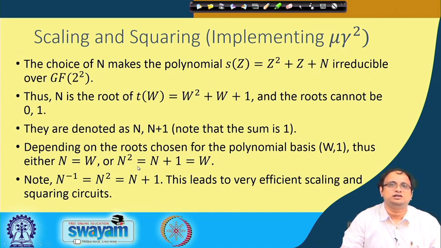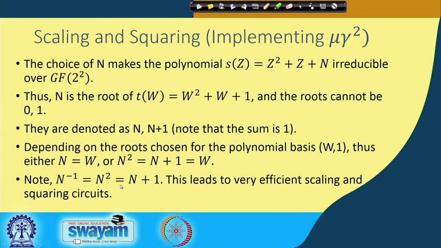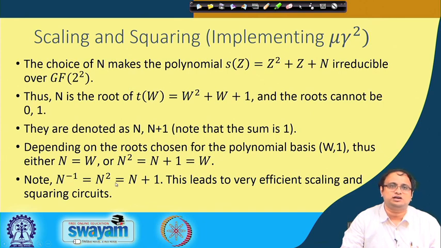Okay. Note that n square will be equal to n plus 1 because n square plus n plus 1 is equal to 0. And note that when you are talking about these circuits, n to the power of minus 1 is equal to n square, which is equal to n plus 1.